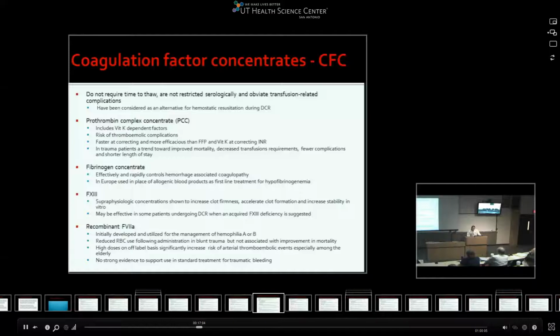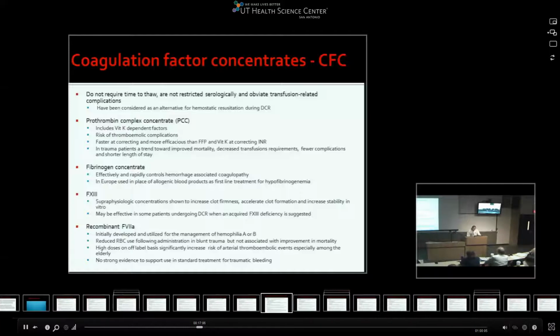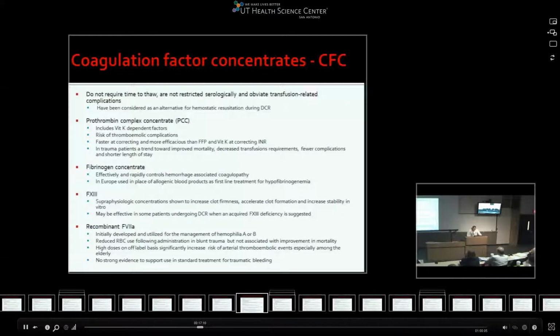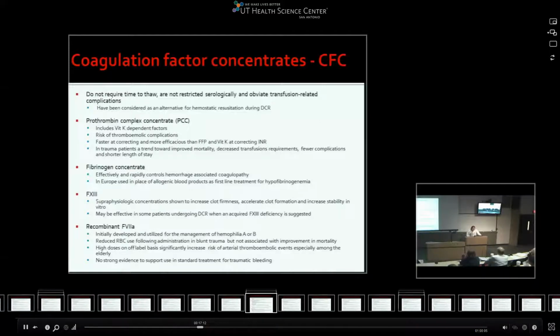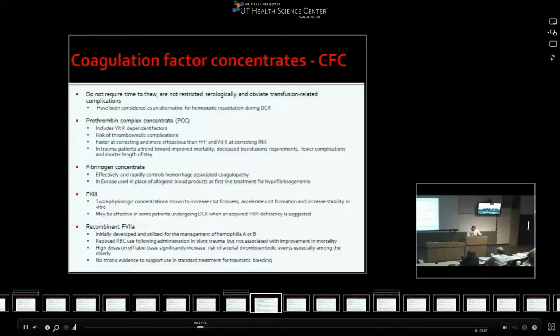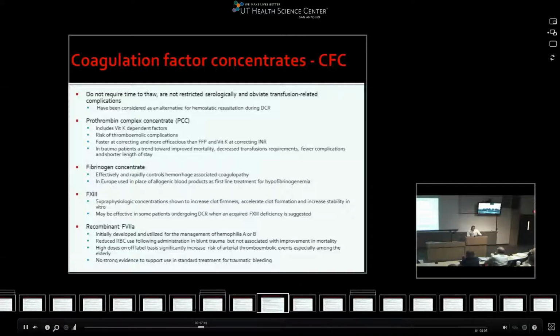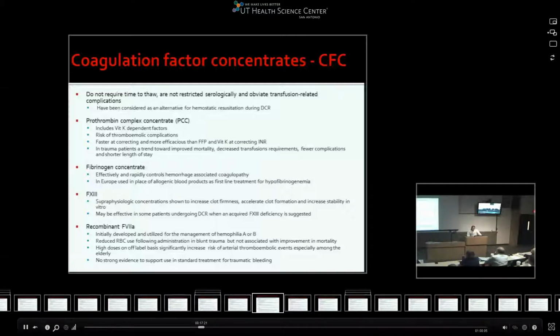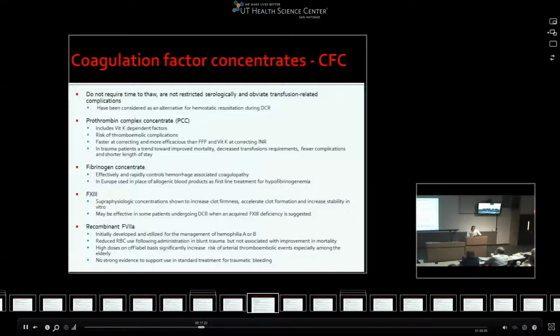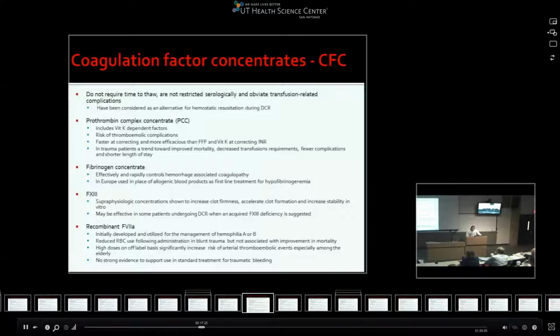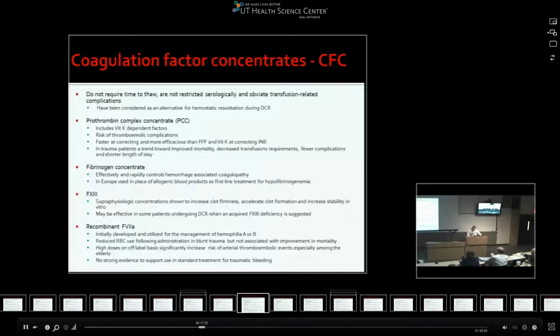There's a risk of thromboembolic complications, but it's thought to be faster at correcting an INR than FFP and vitamin K. Fibrinogen concentrates are also effective and can rapidly control hemorrhage associated with coagulopathy, and in Europe have been used a lot in place of allogeneic blood products as a first-line treatment for hypofibrinogenemia.